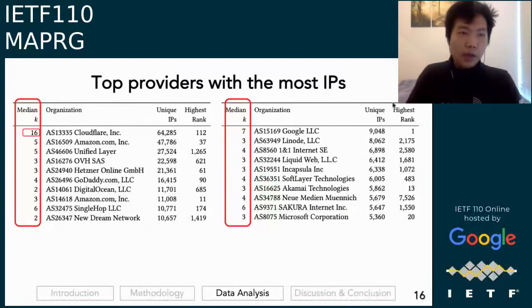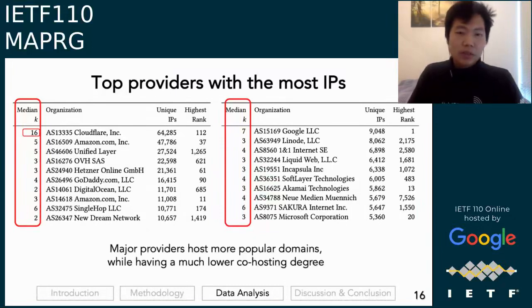The rest of the providers host, let's say, less than 10 domains per IP address. So these observations show that major providers host more popular domains, but have a much lower co-hosting degree.